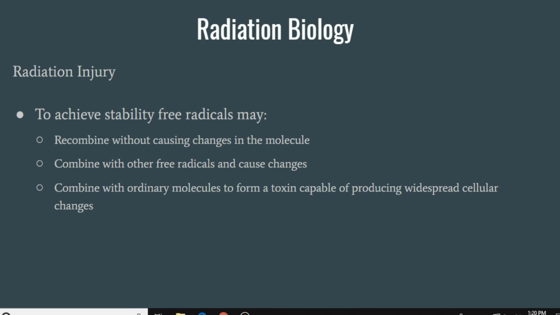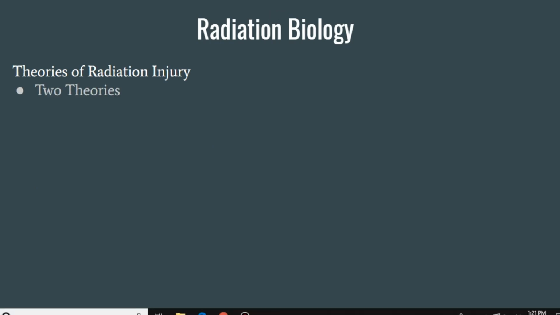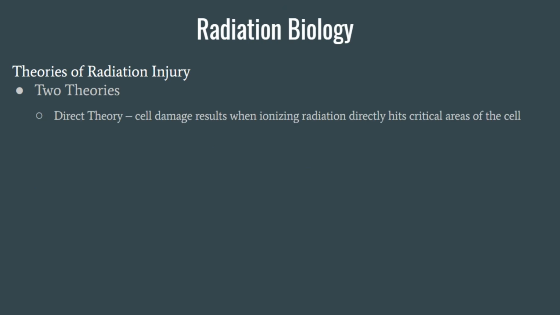But then there's two theories that further this concept of radiation injury. These are your theories of radiation injury. We've got two of them. The first theory is known as the direct theory. This suggests that cell damage results when ionizing radiation directly hits critical areas of the cell.